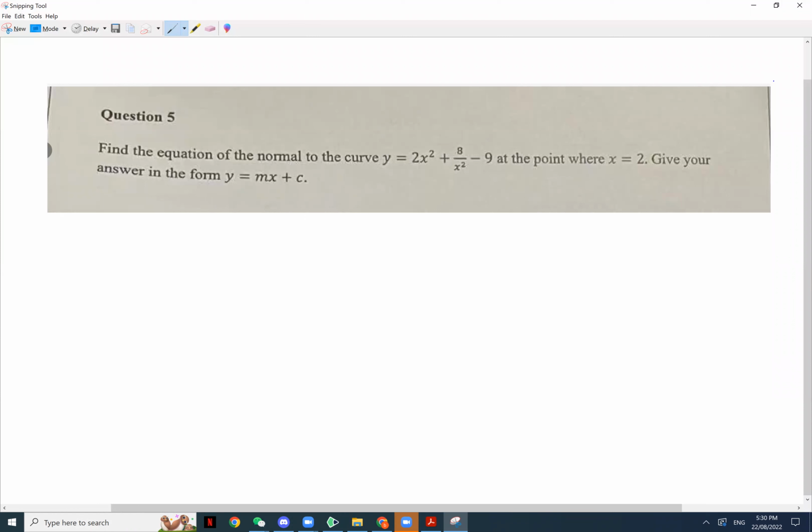This is a challenging one, but we just check what we can have. X equals 2, what's y? First question. Second question.